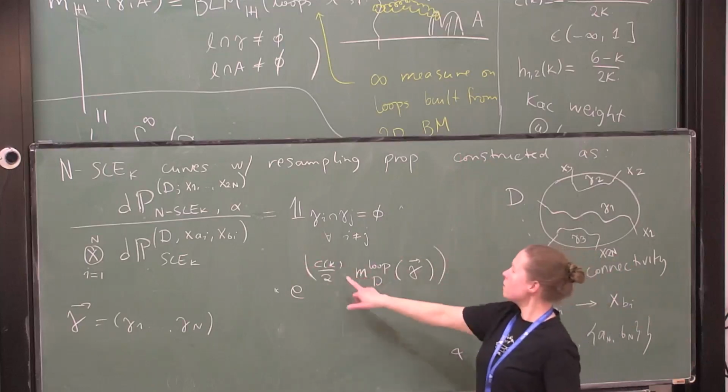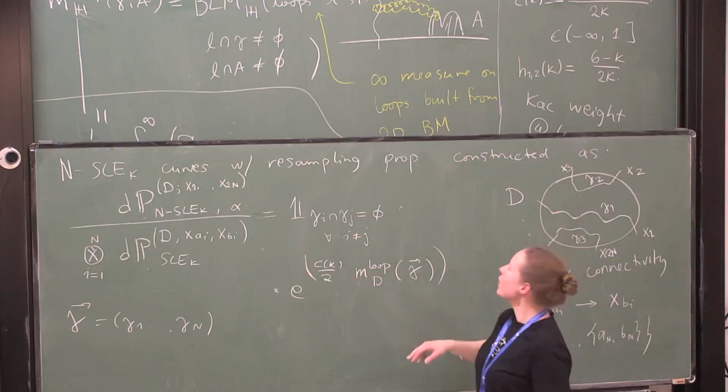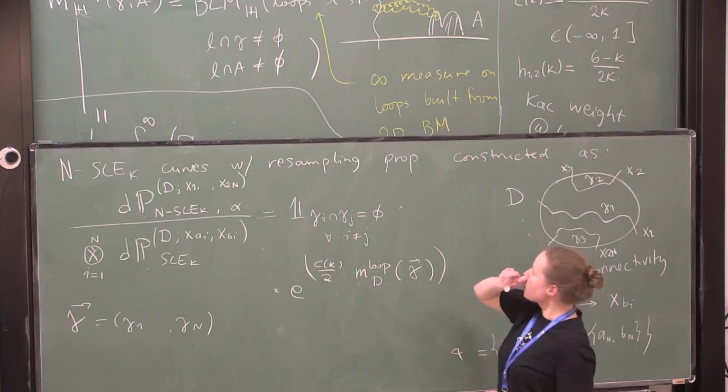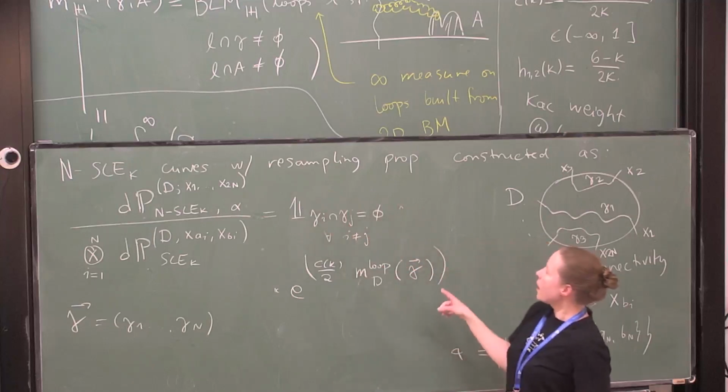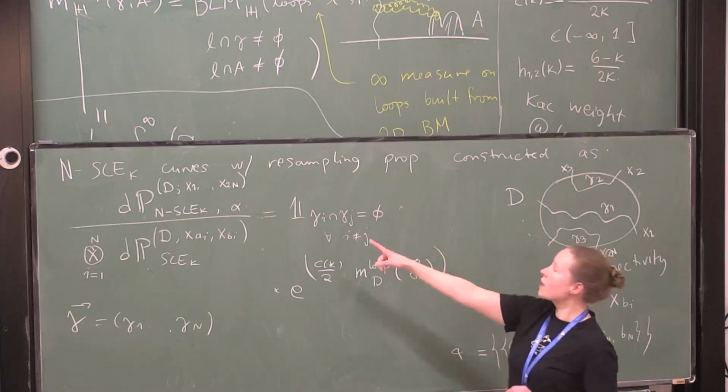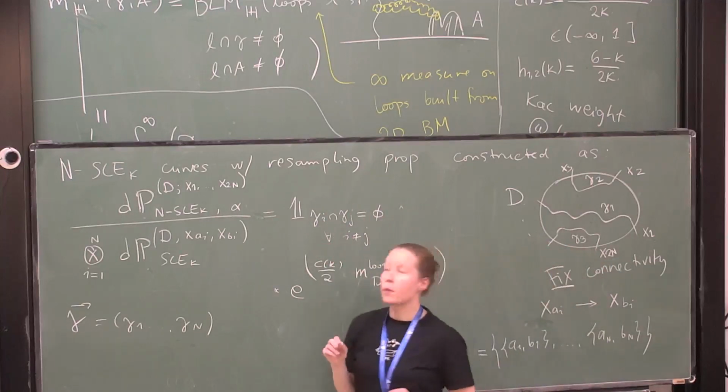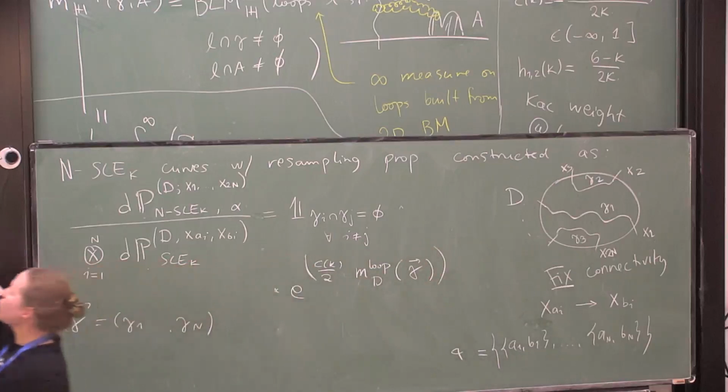There is a central charge anomaly unless kappa is 8/3, when kappa is less than 4 and we're just imposing that they don't cross. And now you may notice that this resulting measure is not a probability measure yet. There's this normalization that I omitted.